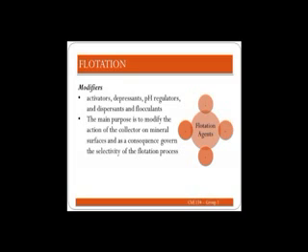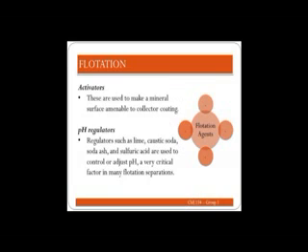These can be classified as activators, depressants, pH regulators, and dispersants and flocculants. Activators are used to make a mineral surface amenable to collector coating. An example is copper ion used to activate sphalerite. pH regulators.